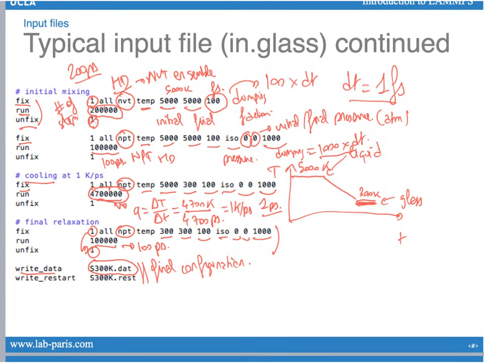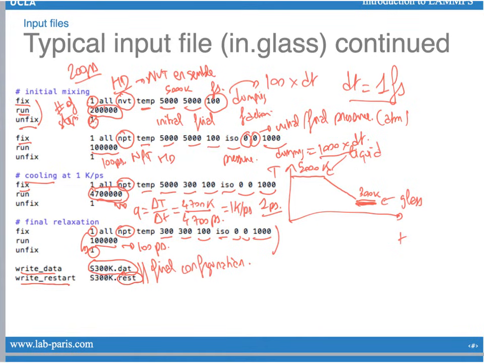Usually, we also want to write a restart file. A restart file is almost the same as a data file, but it contains more information about the system. It contains information potentially about the potential and other parameters that you have defined in your simulation. So it makes it easier to restart a simulation.